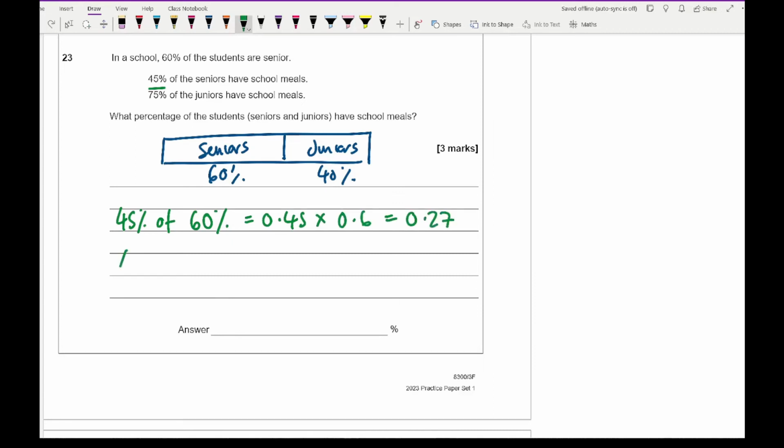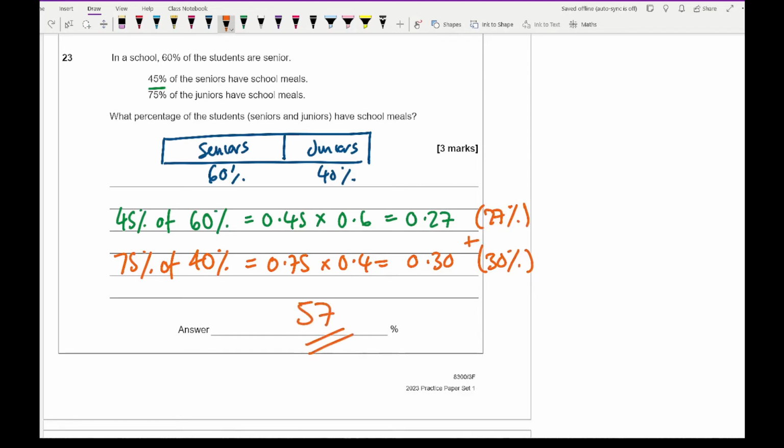And if I then do 75% of 40%, so that's going to be 0.75 times 0.4, and on my calculator that gives me 0.3. So then that's 27%, that's 30%. All I've got to do is add them together and I get a total of 57%.